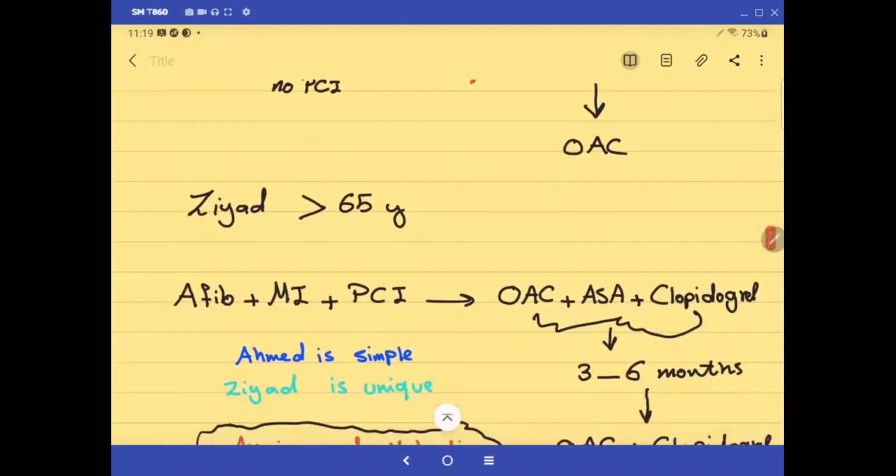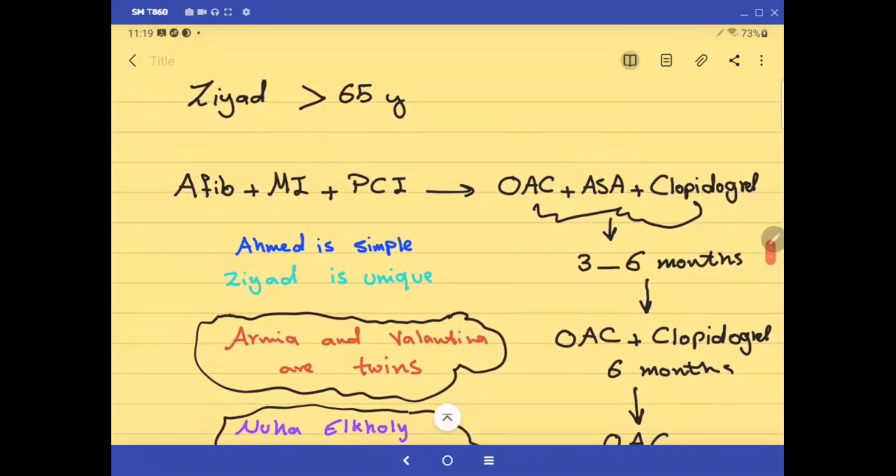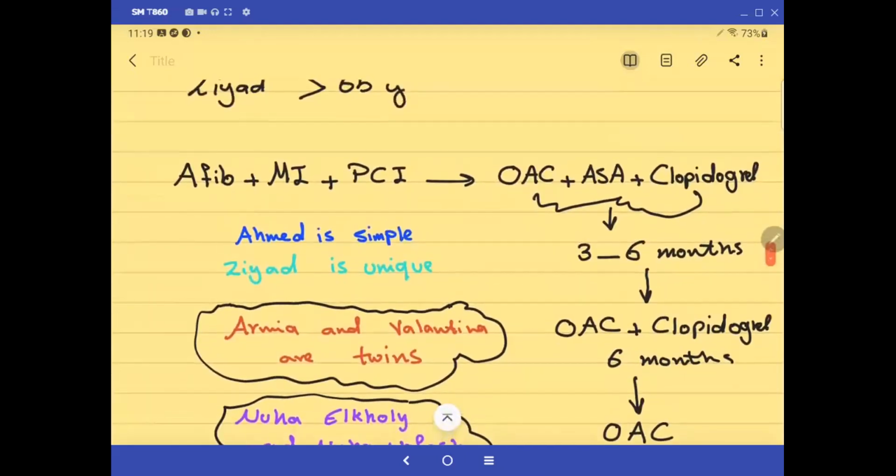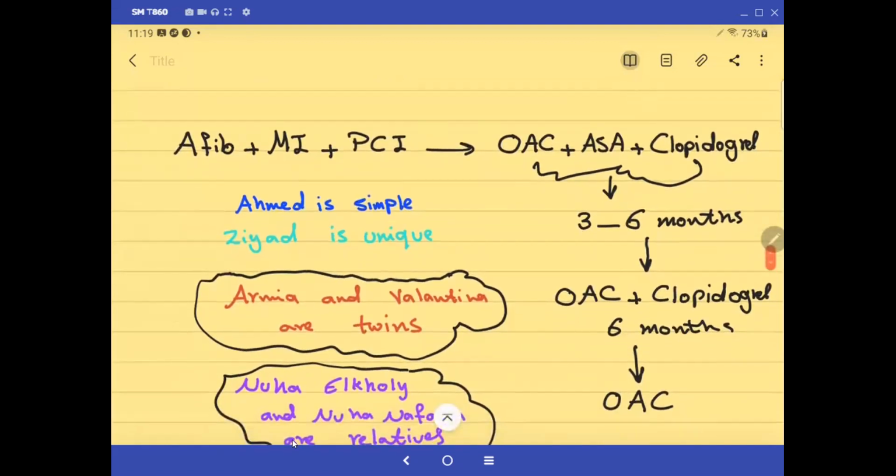Ziad was the most complicated case, and in his case, he has PCI, and he received triple therapy, oral anticoagulant plus clopidogrel plus aspirin for 3 to 6 months. Then he stopped the aspirin and stayed on oral anticoagulant plus clopidogrel for another 6 months. Then he stayed on the oral anticoagulant.